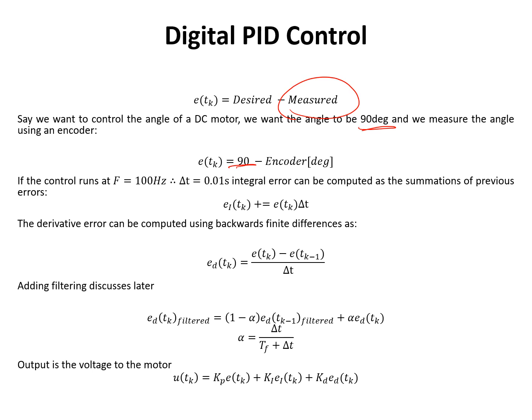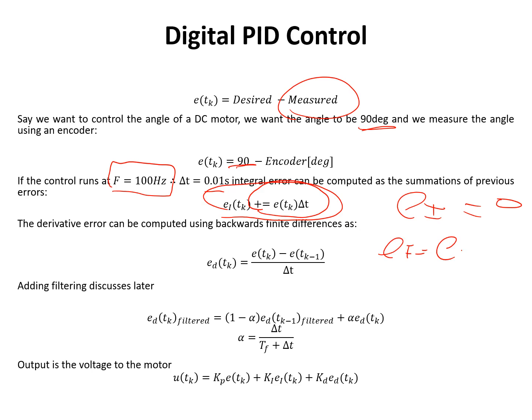And if we now say we want to do our control at 100 Hertz, we will find that delta t is 0.01. So our integral term can be written as such. We initialize it by saying EI equals 0, and then this is shorthand notation: EI equals EI plus E delta t.